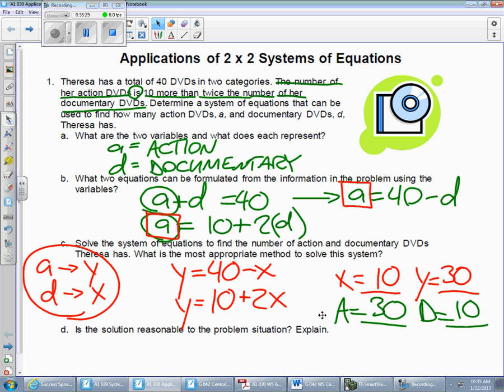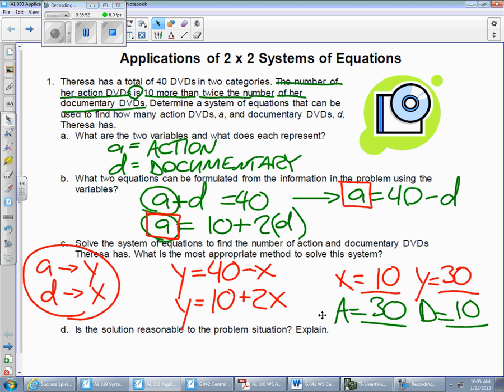Okay, what else do we have? The number of action DVDs is 10 more than twice the number of her documentaries. Well, we said she's got 10 documentaries, and it said that she's got 10 more than twice that. Twice would be 20, right? 10 more than that would be 30.